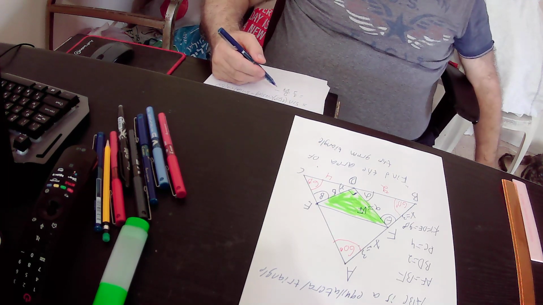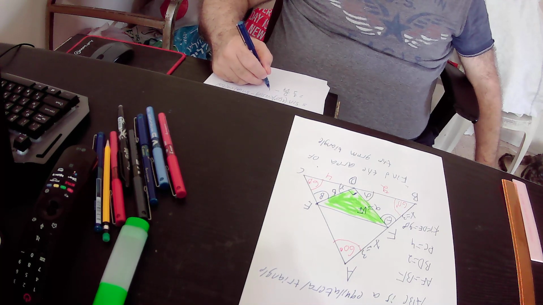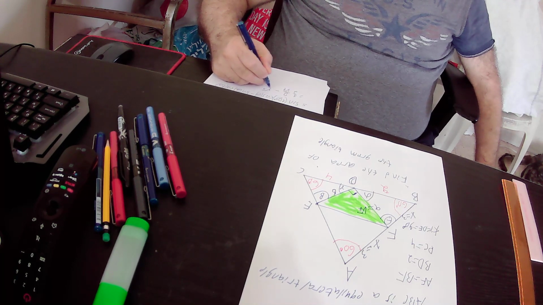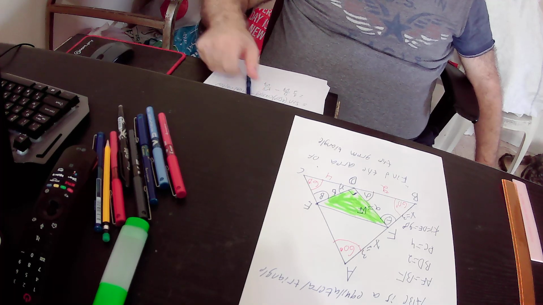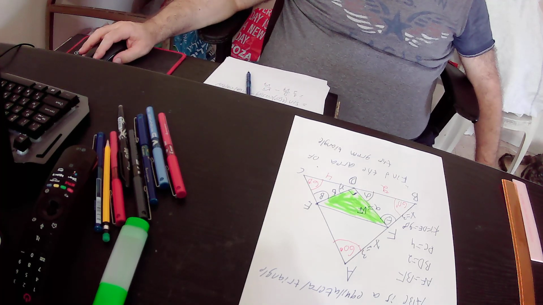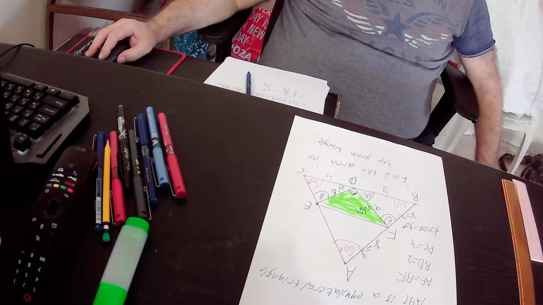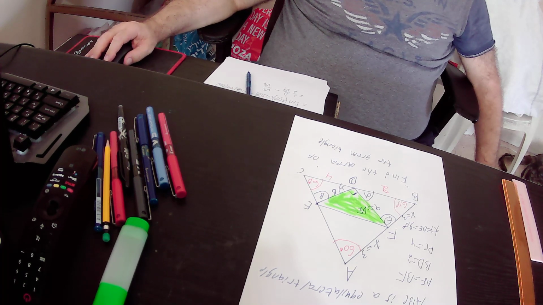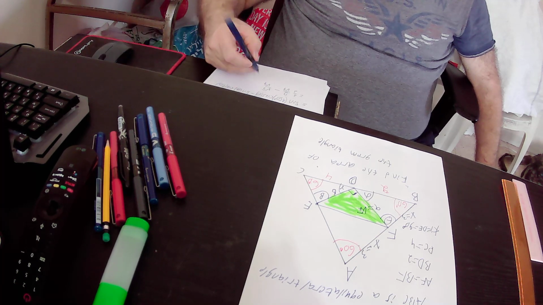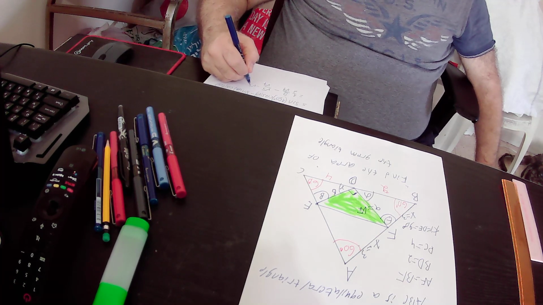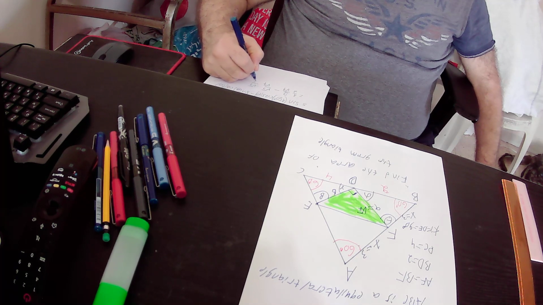The value of sinus theta is √3/√7 times cosinus of 150 degrees, equals minus √3/2.